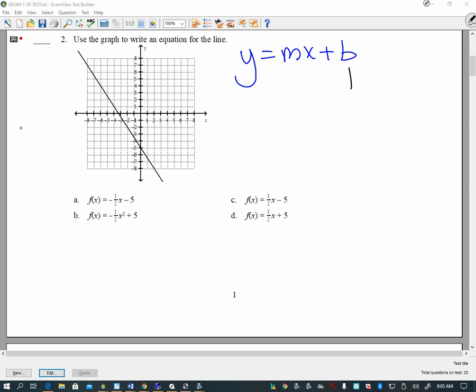What is the b part? It should be our starting point. It's what we call the what, Tiffany? Y-intercept. Can you describe the y-intercept to me? Well, the y-axis is the vertical line on the coordinate plane, but what is the y-intercept?